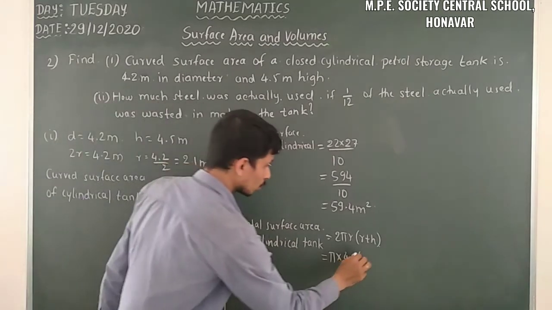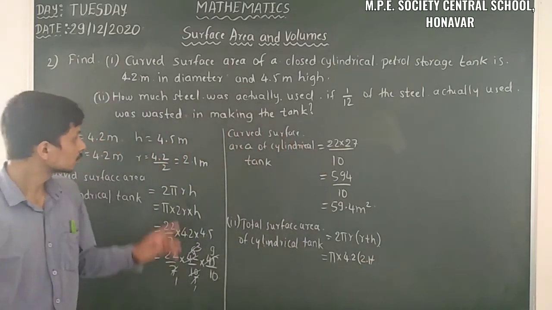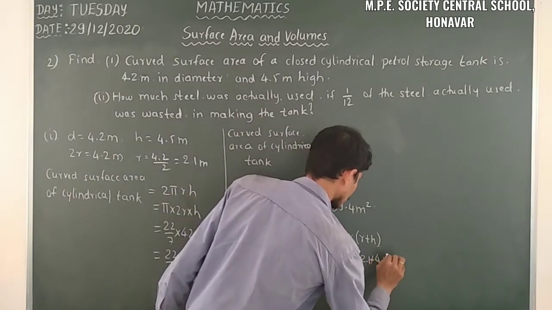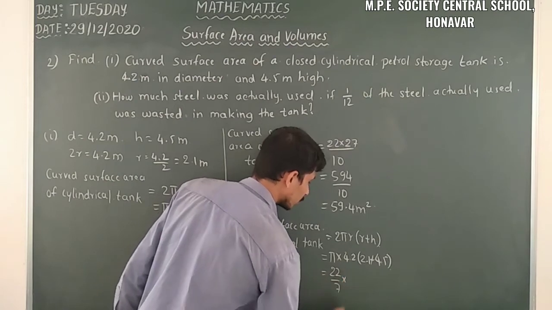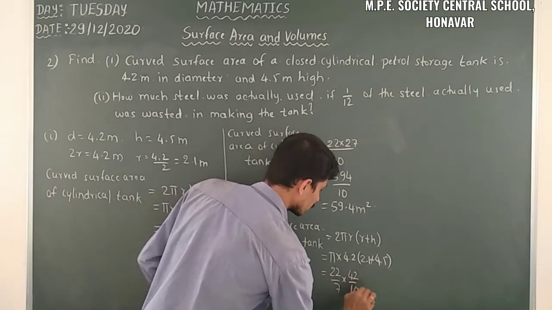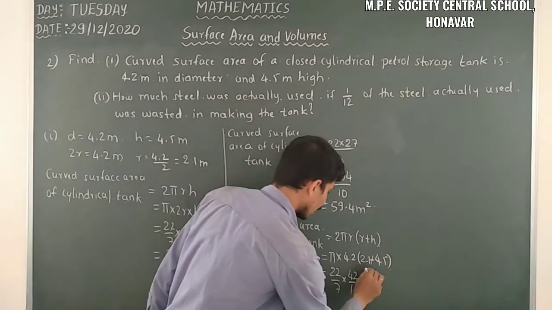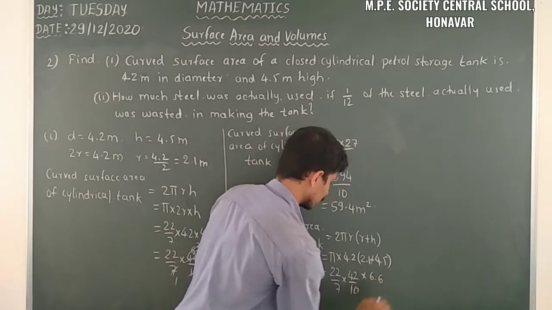Then 2.1 plus the value of h, which is 4.5. So it is equal to 22 by 7 into 42 by 10. 4.2 can be written as 42 by 10, which is easy to calculate, and here we have 6.6.